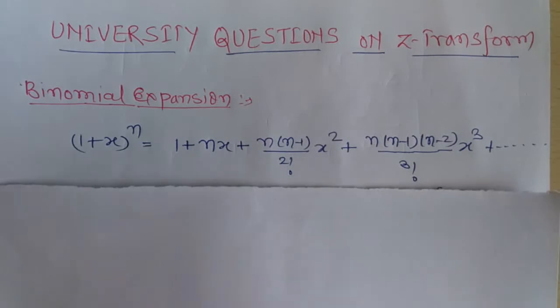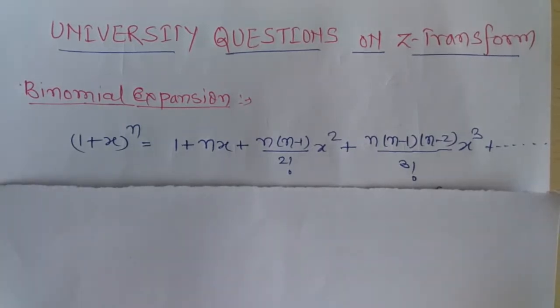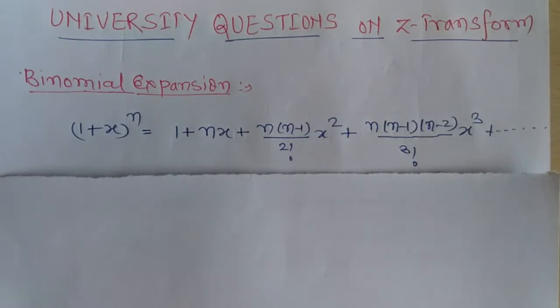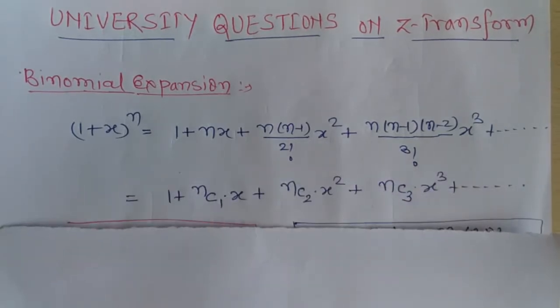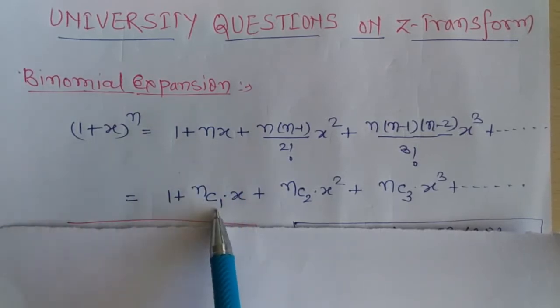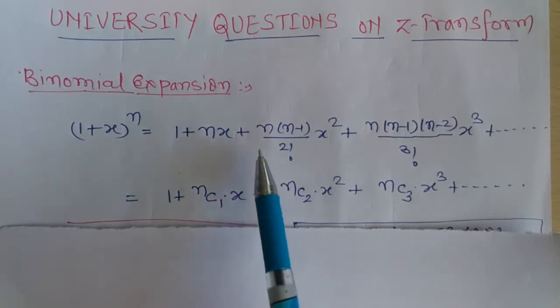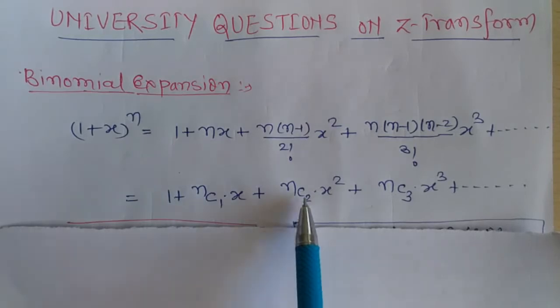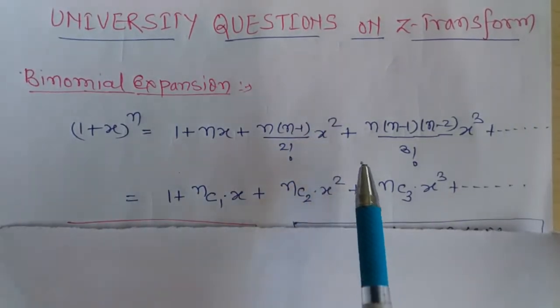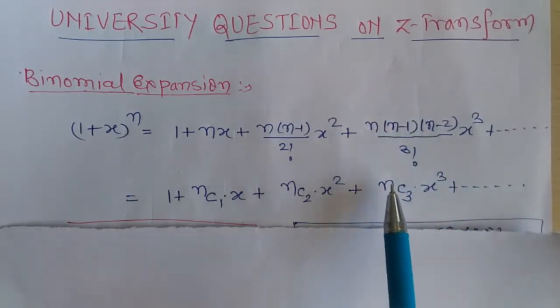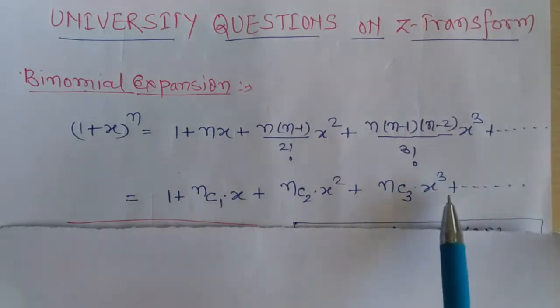Now we write this binomial expansion formula in terms of the combination formula nCr. In terms of combination formula, we can write this binomial expansion as 1 + nC1 x + nC2 x^2, where n(n-1)/2! is written as nC2, plus nC3 x^3 and so on.